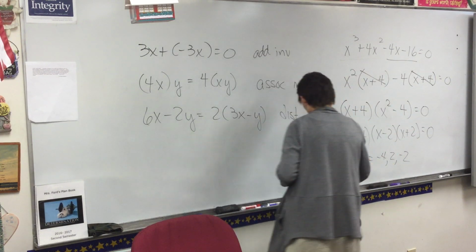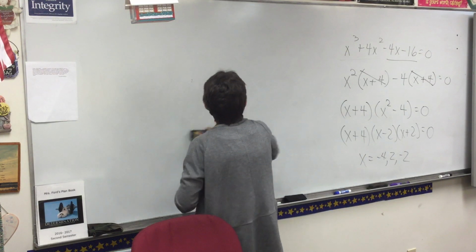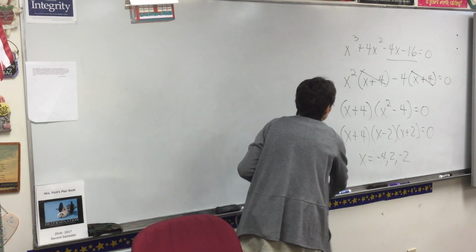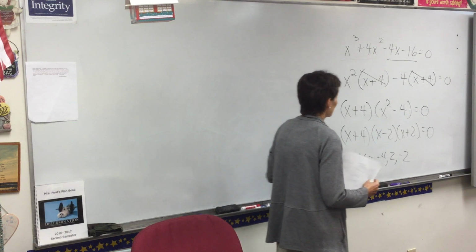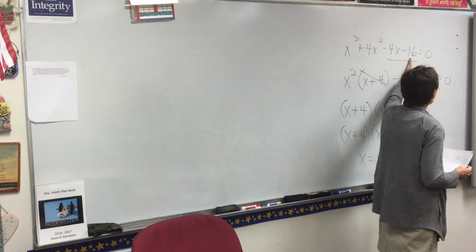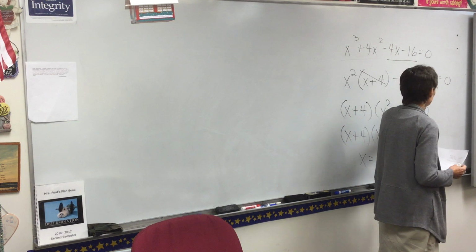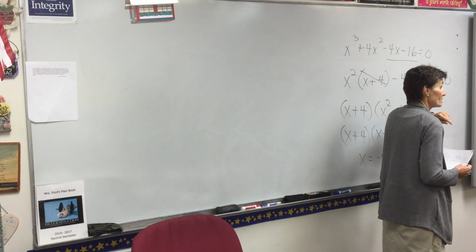Shiloh? At the beginning when you group it, you keep the negative. No, you're taking a negative 4 out of both of these. So that becomes positive, and that becomes positive, because I pulled out the negative parts.